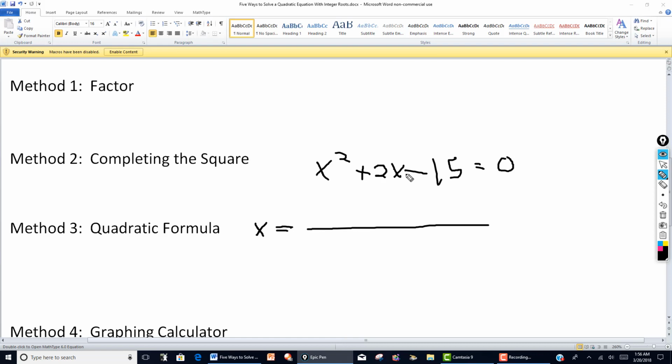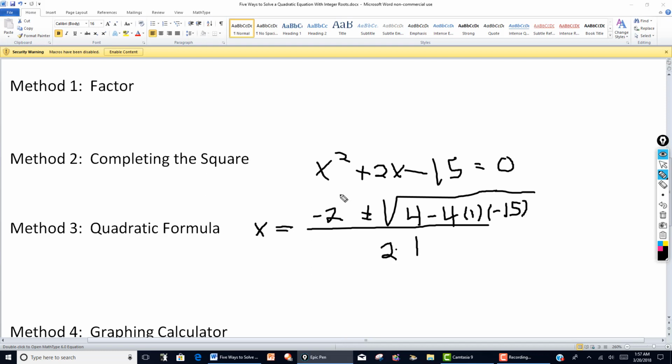So minus b, then this would be minus 2 plus or minus the square root, and then inside, it was b squared, that's 2 squared, which is 4, minus 4 was part of the formula, and then it's times a, which is 1, and times c, which is negative 15. Okay, and that's over 2 times a in the bottom here, and a is 1.